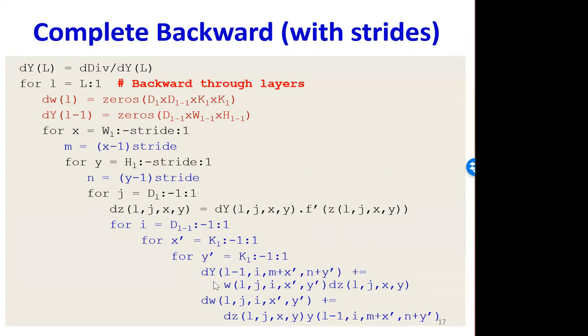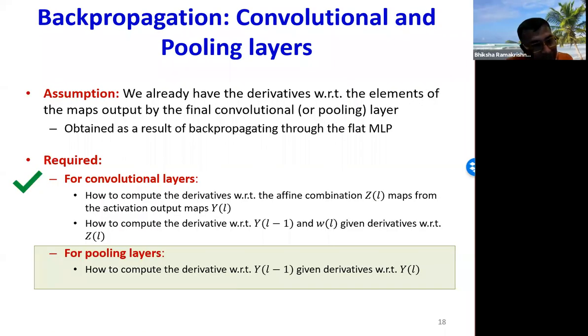In the poll, it was mentioned that we are calculating dz. So the poll was incomplete. It didn't say everything. So let me show you the poll again, right? You're running the loops backward. You're computing the derivative for dz from dy, the dy of the next layer, right?